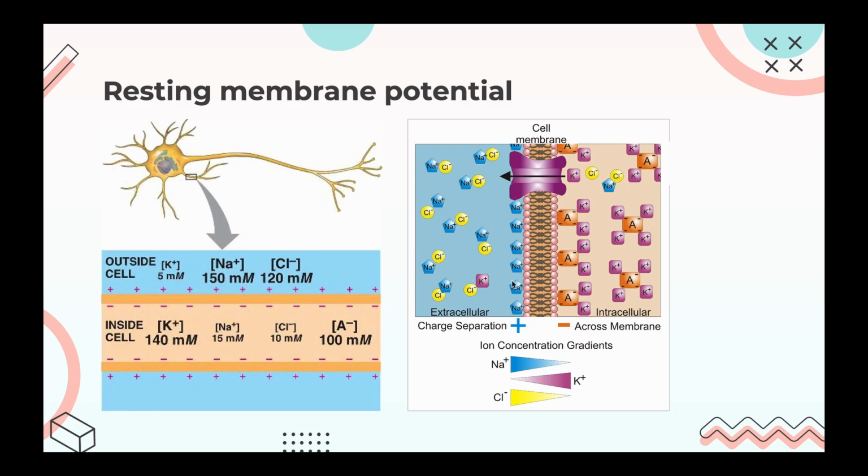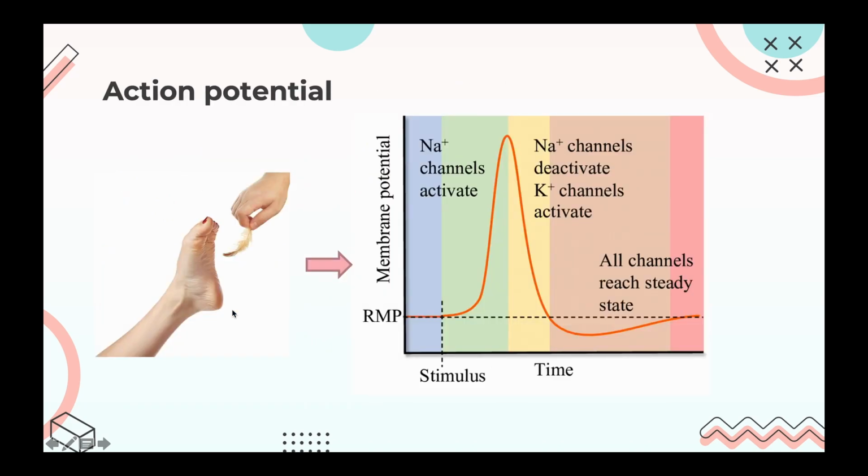Gates will open that allow these molecules to flow. Because there is so much sodium and chloride outside, and because it's useful to allow them in first, they are allowed in first. That's where you get something called an action potential. A potential is the electricity, so this is an amount of electricity that leads to an action, whatever that action might be.